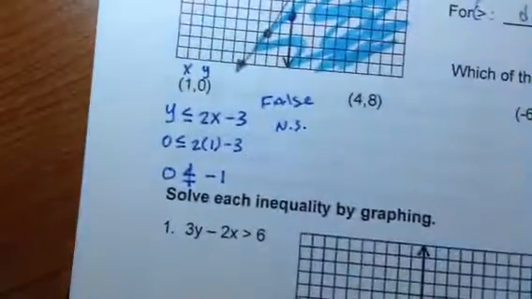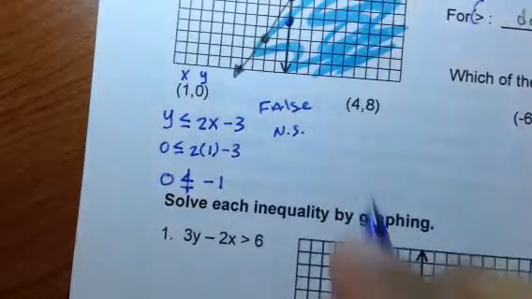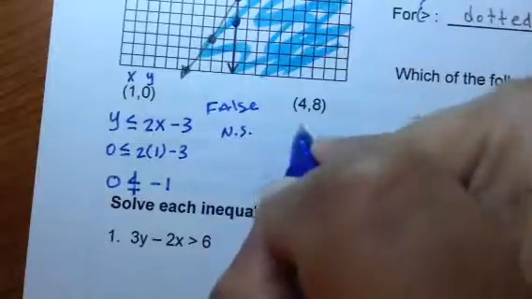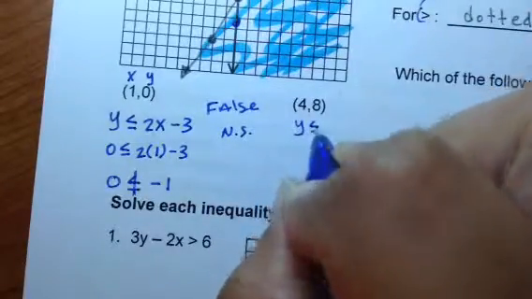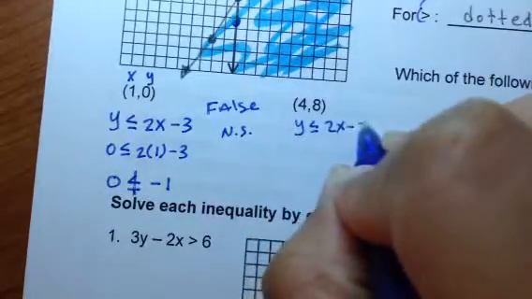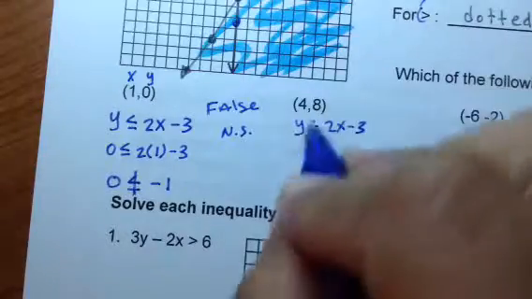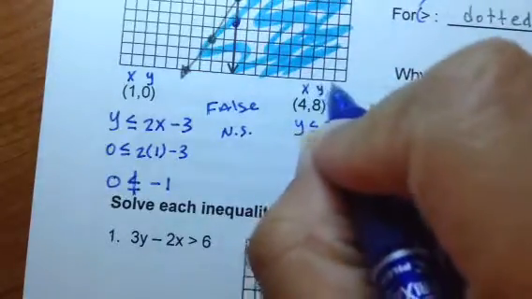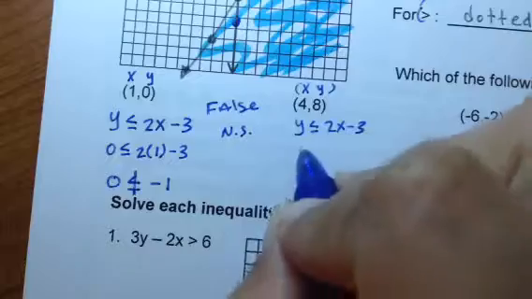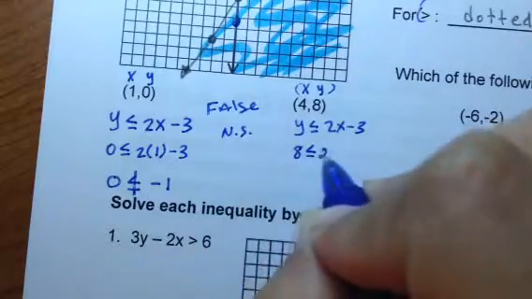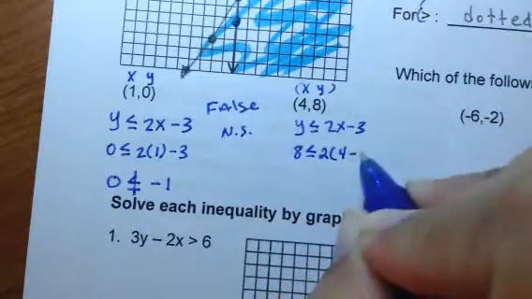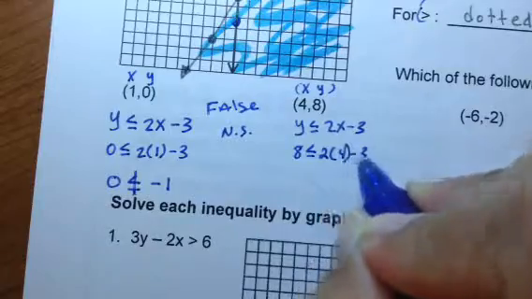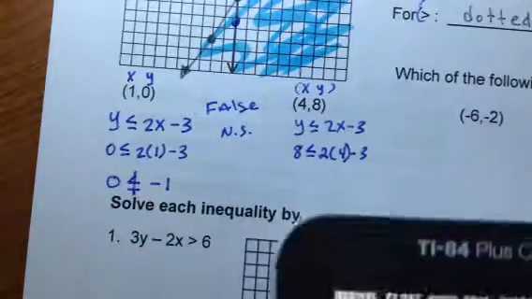Alright, we're going to do the same thing for the next one. So again, I'm going to write down the inequality. And now I'm going to write this is x, this is y. So 8 less than 2 times 4 minus 3. I'm going to use my calculator.